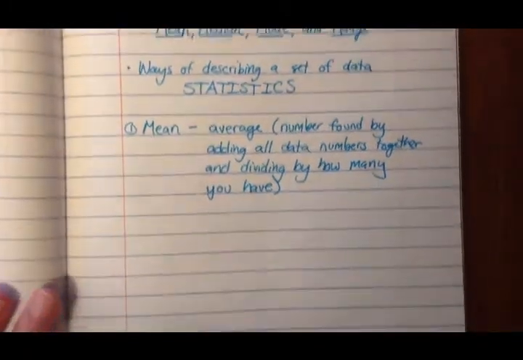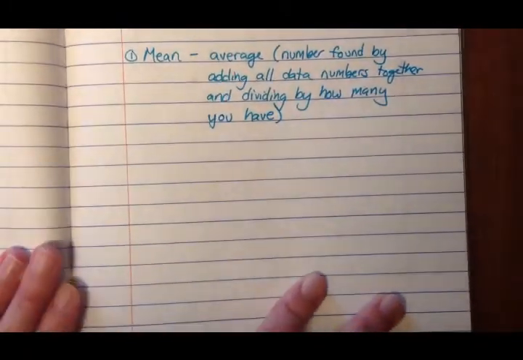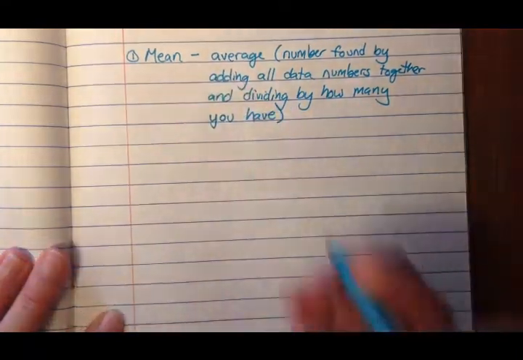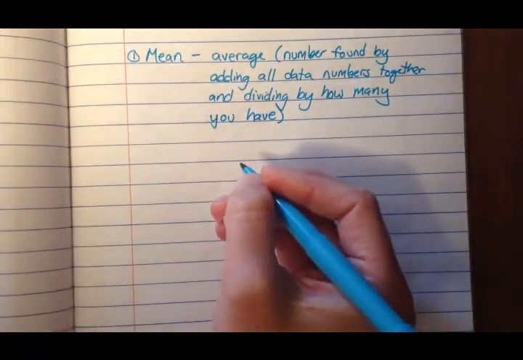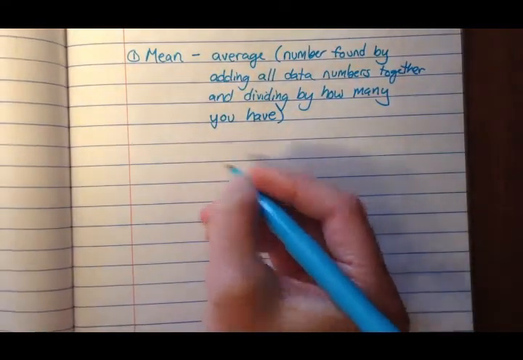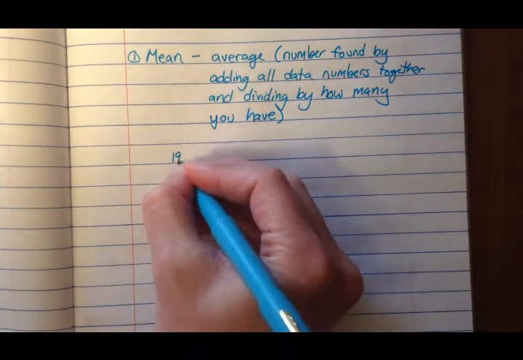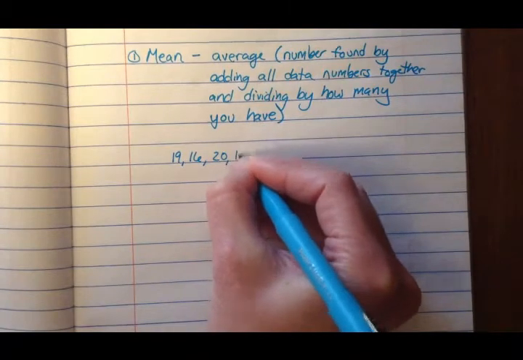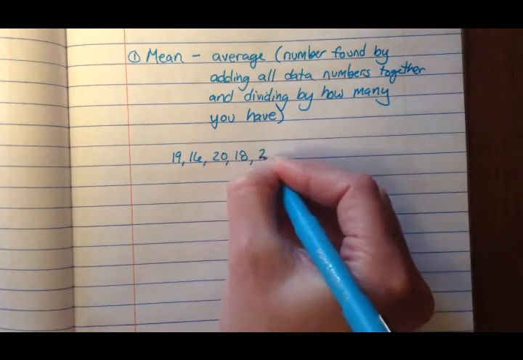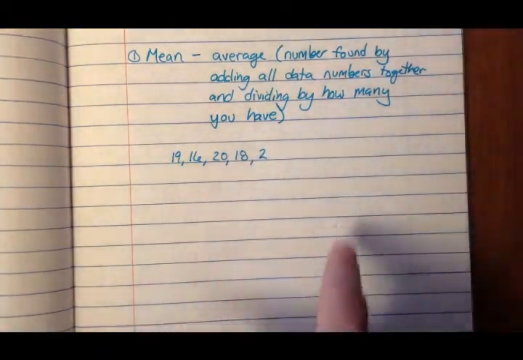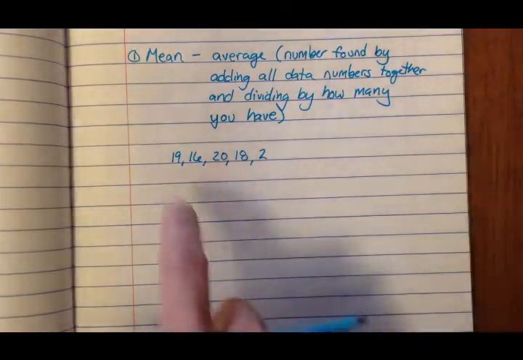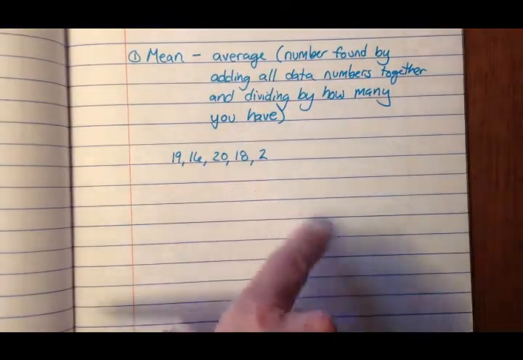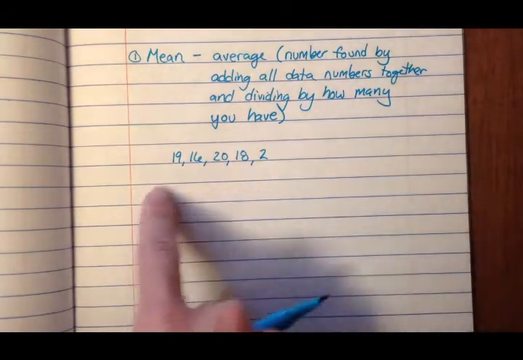So let's look at an example of what it means to find the mean or the average. Let's say you're given some numbers. For mean, let's use 19, 16, 20, 18, and 2. Let's give them context. Let's say I ask you, how many hours a day have you been sleeping?